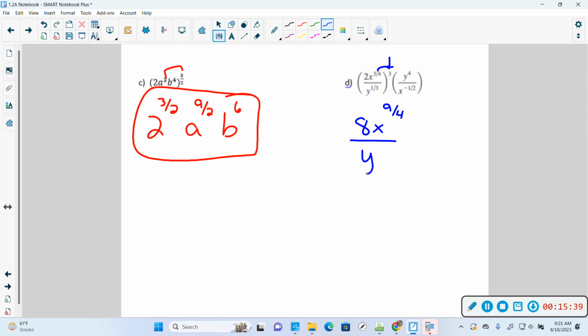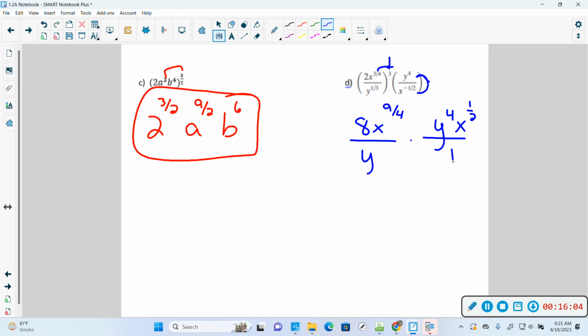I'm not going to write a 1. We know it's a 1. And then I'm just going to leave this guy alone. But I'm going to work smarter, not harder. I'm not going to leave that x to the negative half on the bottom. Really, where is it going to need to end up? Top, because it's got that negative exponent, so let's just put it up there. And I'm just going to throw a placeholder in, just so we have it in fraction form.